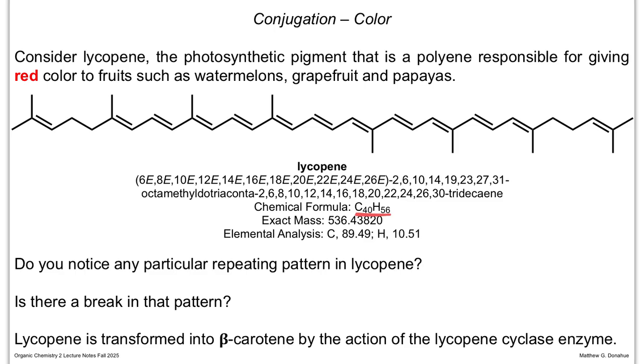Yeah, except for the middle, there's a break in the pattern. The pattern is telling us something about how nature is constructing that. The pattern is 5 carbons, so 5 times 8 gives us the 40 total carbons.